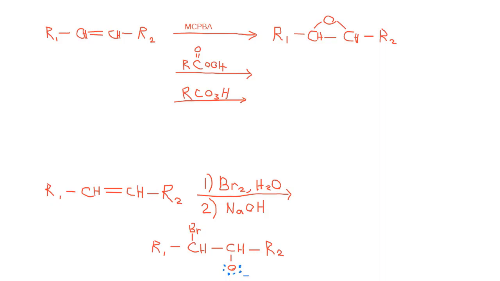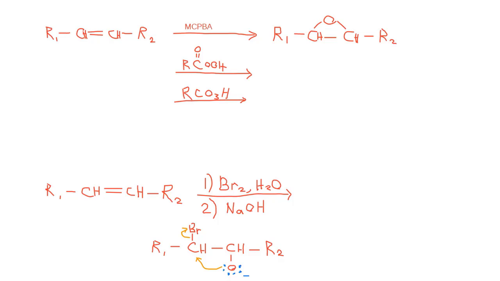But when it does become deprotonated, you're going to undergo an intramolecular SN2 reaction, where this oxygen's electrons come in from behind and kick out the bromine, and you end up with the epoxide. So the halohydrin followed by NaOH or some other base is going to typically give you the epoxide.